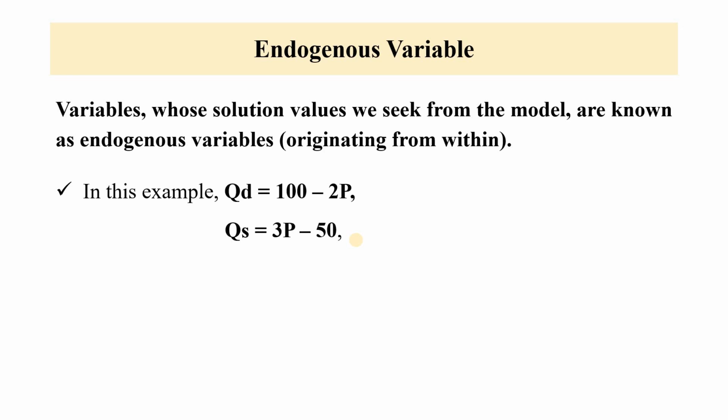From our previous example, we can mention that P is the endogenous variable, because we have to seek the value of P from the given demand supply equation. That is why P is an endogenous variable.